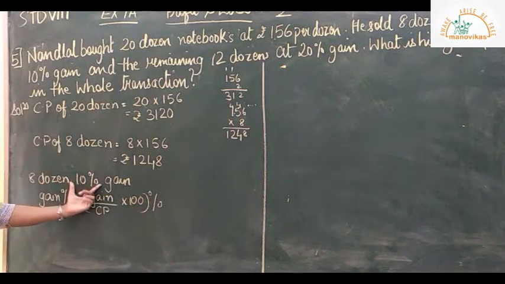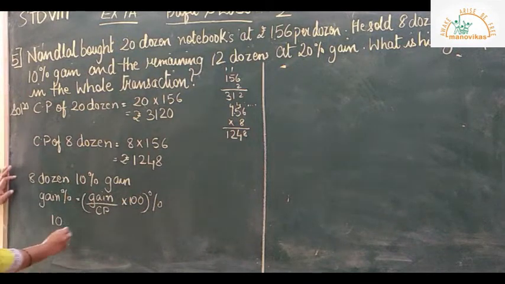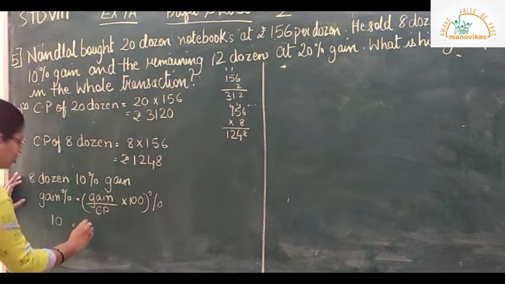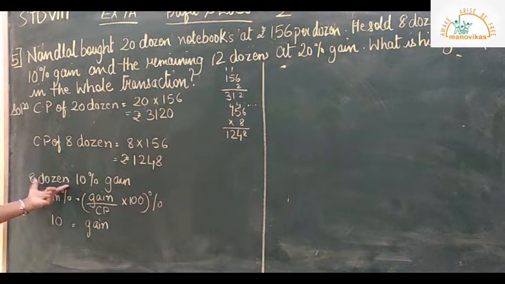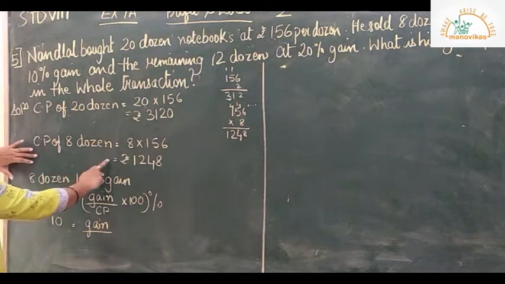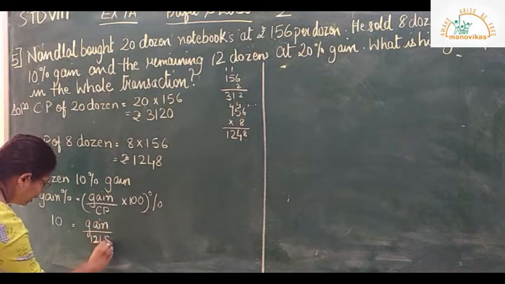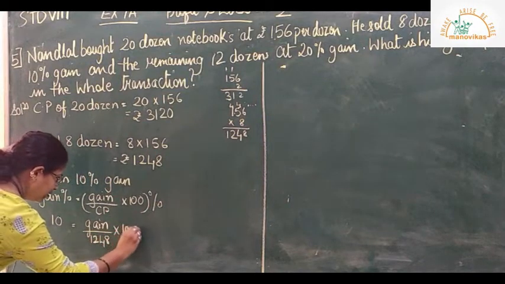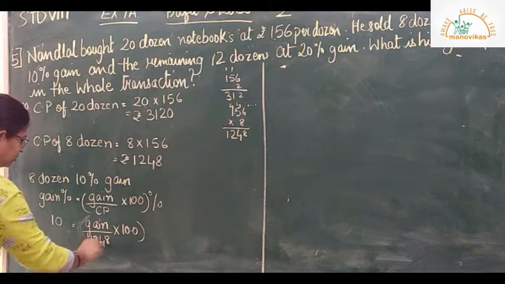Now the gain percent is already given here. So I write 10 is equal to gain, which we are going to find out for these 8 dozen books, upon the cost price for 8 dozen, which we have already found out, 1248, into 100. Now whatever we can cancel, we will cancel here.